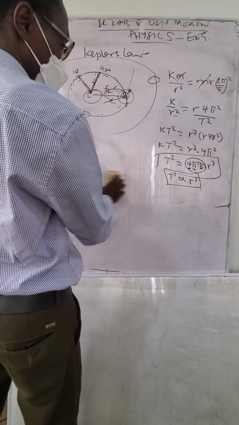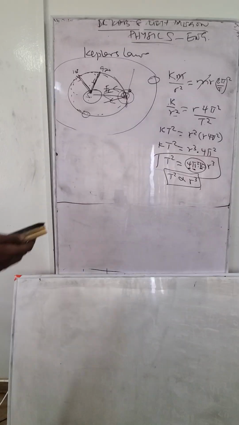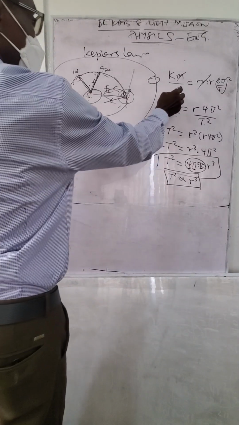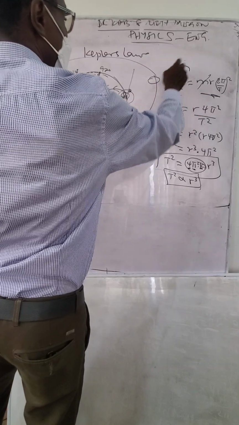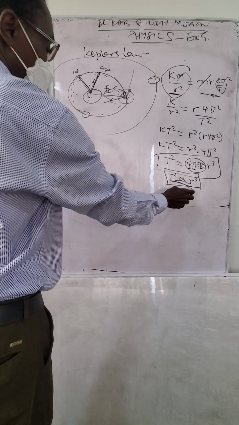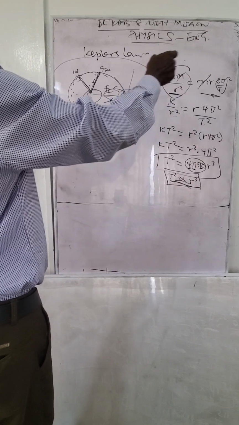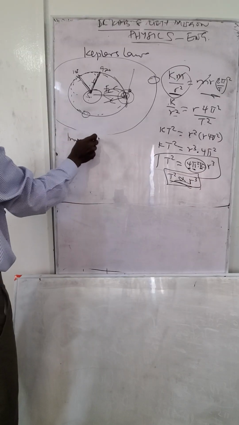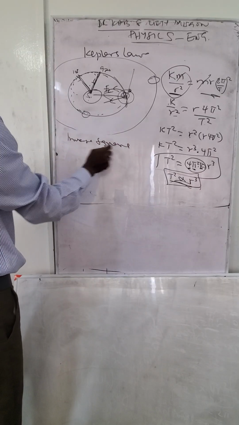So from here, he came to the point that this was related to this, and this proved this relation based on data that was gathered by Kepler. Then he came up with what we call the inverse square law.